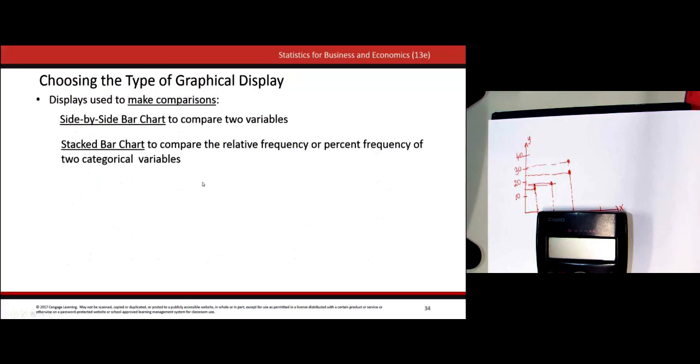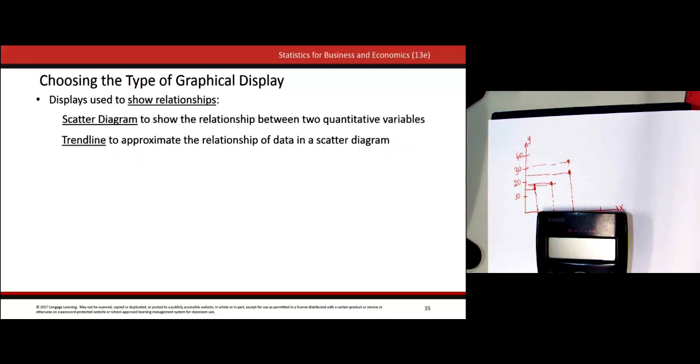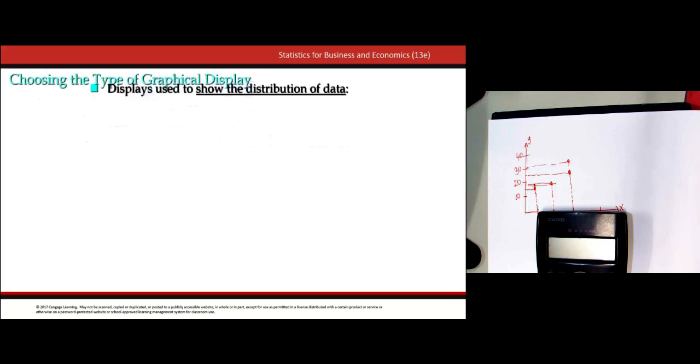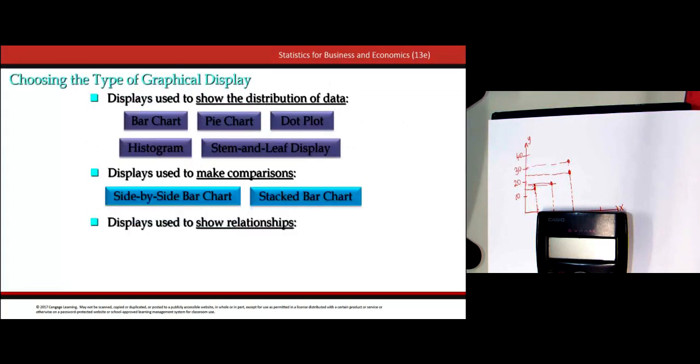If you have two variables and you wish to make comparisons, you can use side-by-side bar chart, stacked bar chart. And to show the relationship, you can use scatter diagrams and the trend line. This is the summary, which shows which display to use.